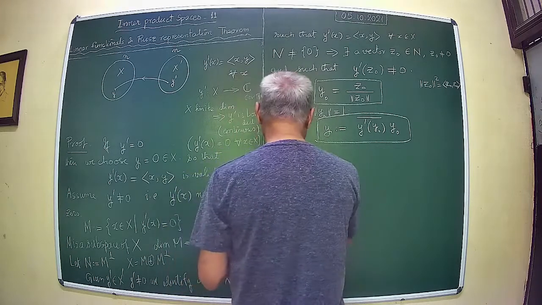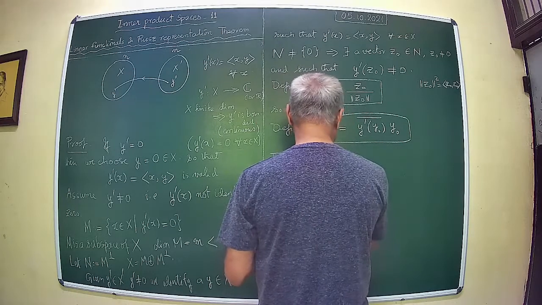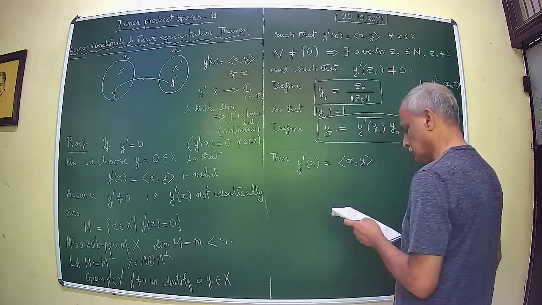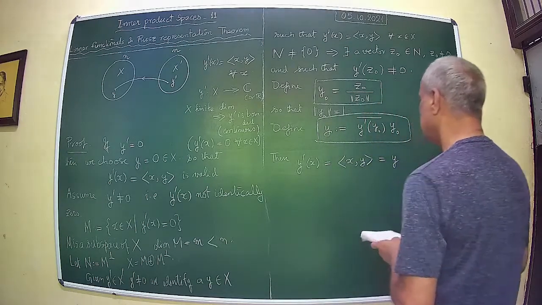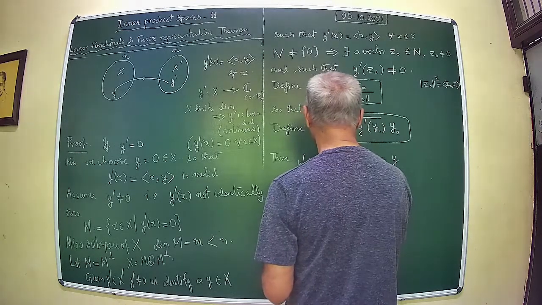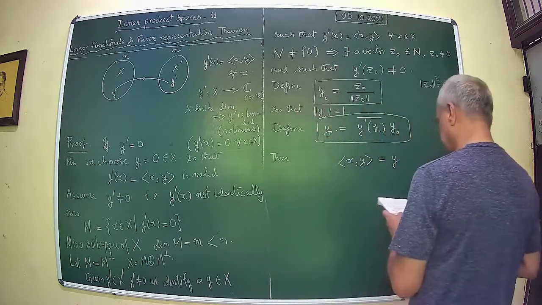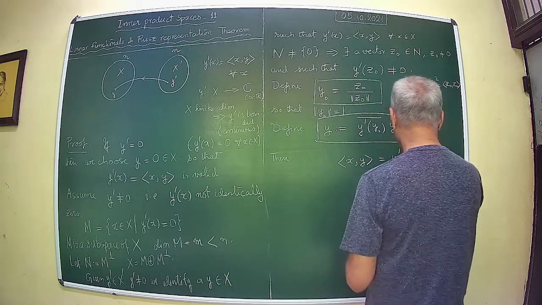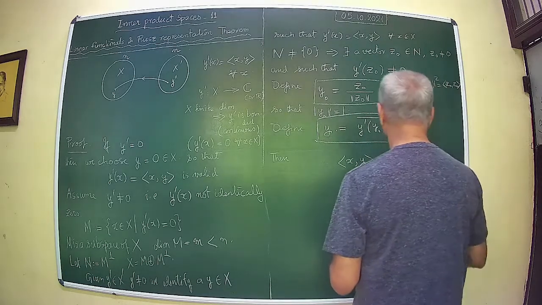Let us compute. Let us write xy, then the inner product of x with y is y prime y naught x y naught.